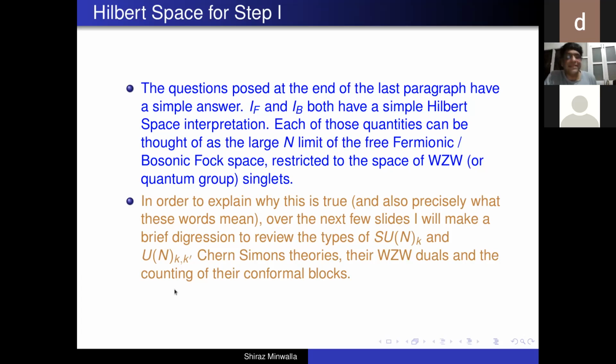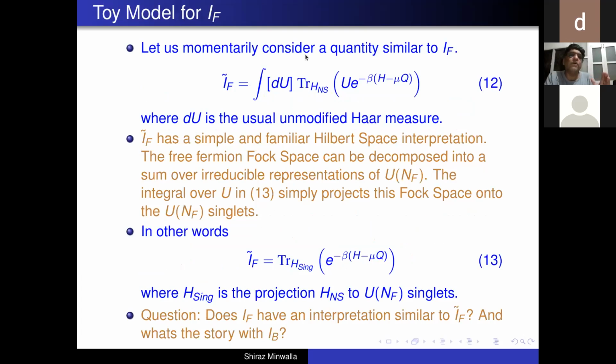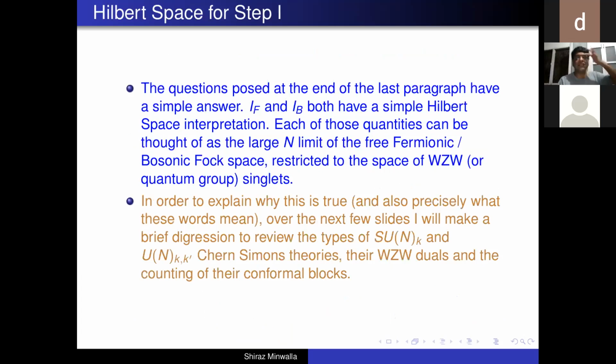The claim is that in both cases, what we get when we integrate over this Chern-Simons modified measure for U is we take the Fock space and project it onto the space of Wess-Zumino-Witten singlets, rather than group theory, Lie algebra group theory singlets. That's the claim. Now, in order to explain what these words mean, and why it's true, I'm going to have to go into some technicalities.